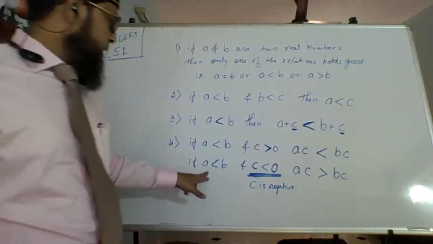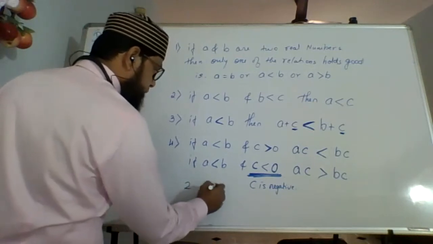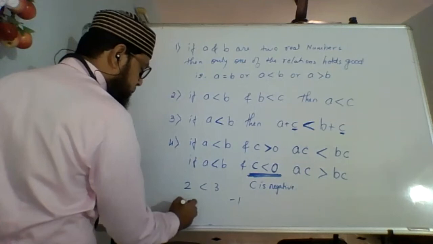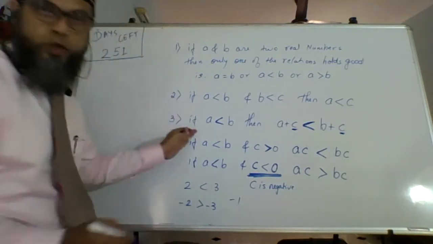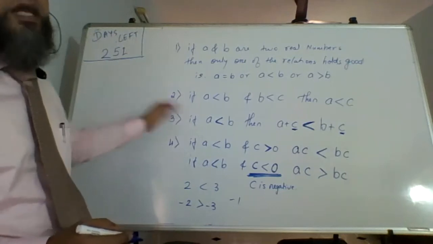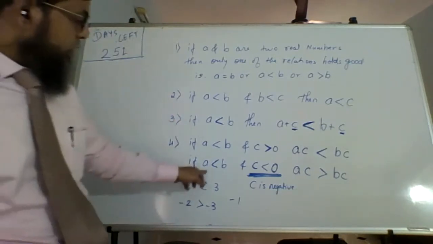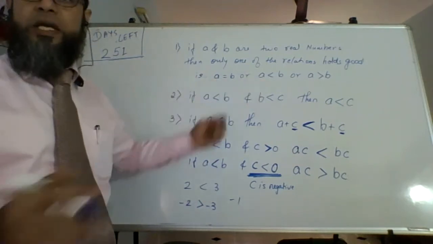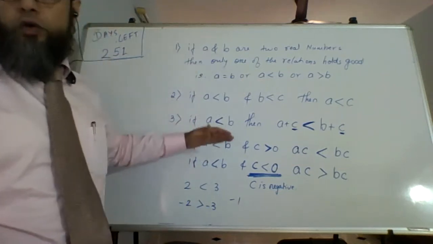Okay, you can understand this. For example, let's say 2 is less than 3 and C is, let's say, -1. If you multiply by -1, you get -2 and -3. Obviously -2 is greater, because it comes on the right hand side, and -3 comes on the left hand side. You can put some numbers for A, B and C and verify yourself that all these rules hold true.